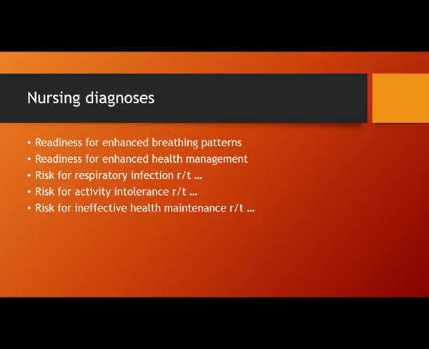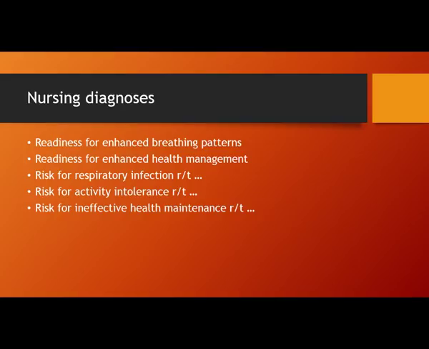But there could be a lot of other things. It could be poor nutrition, or refusal to take the influenza vaccine. So there could be a lot of things that put you at risk for respiratory infection.